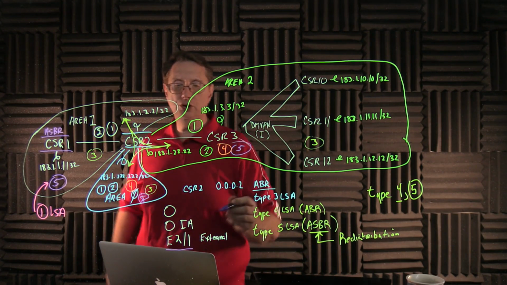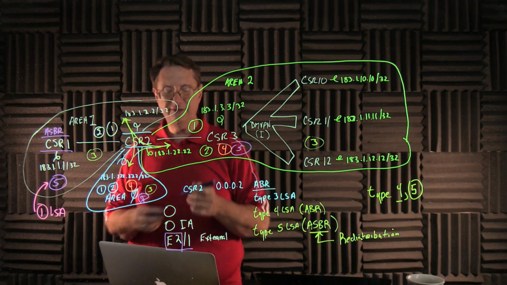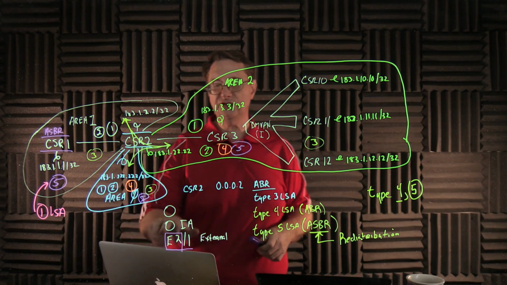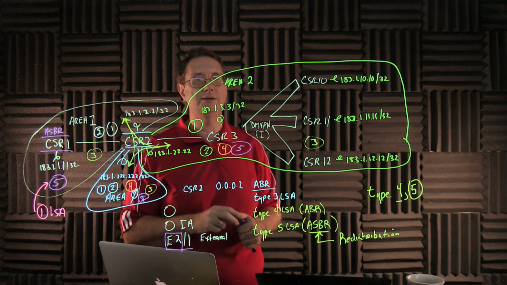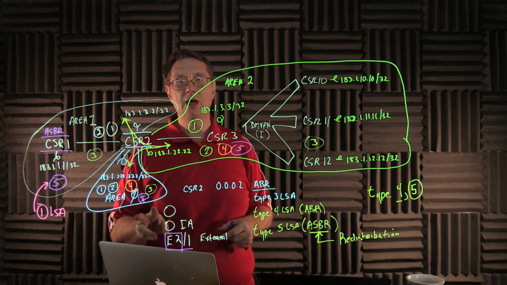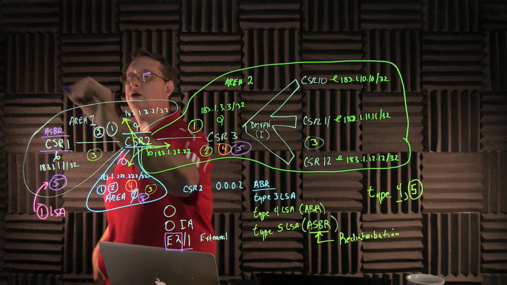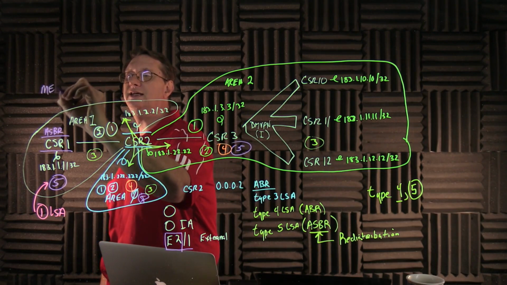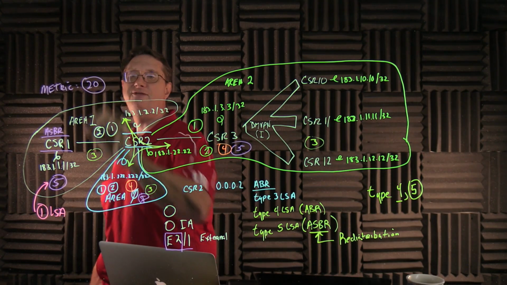We also should have noted, and I'll highlight it, that by default, all prefixes go into the system via redistribution as an E2, an external type 2 route. External type 2 routes are going to be seeded. They're going to be assigned a metric. So that metric that gets assigned is going to be 20 by default.